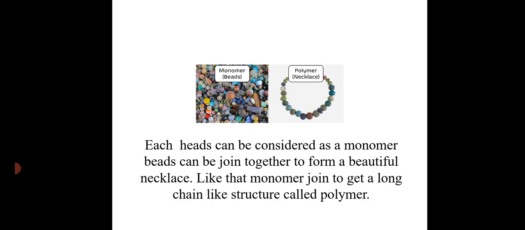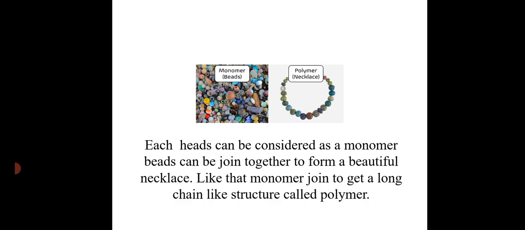Then the beads can be joined together to form a beautiful necklace like that. The monomers can be joined together to form a long chain-like structure, that is a polymer. Is it clear for you? What is a monomer and a polymer?